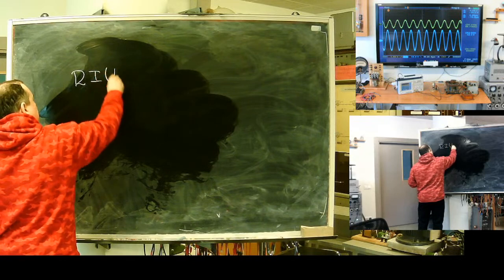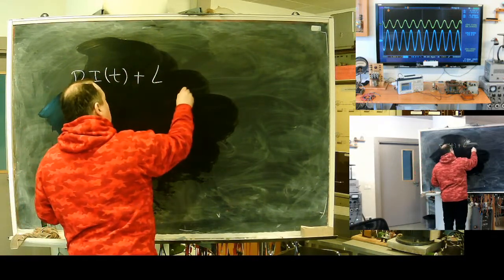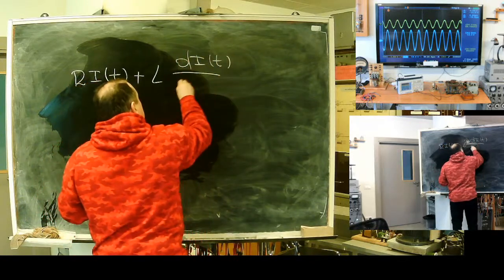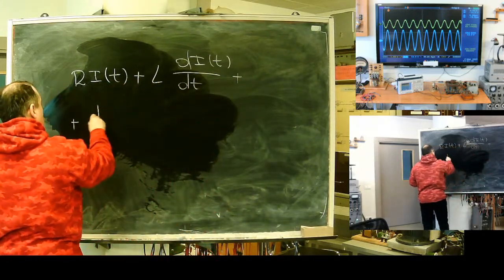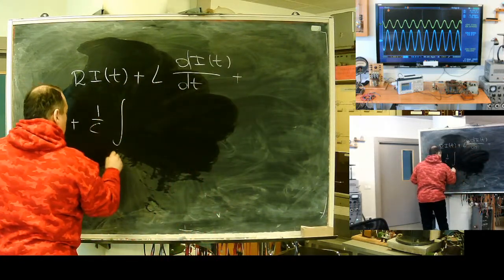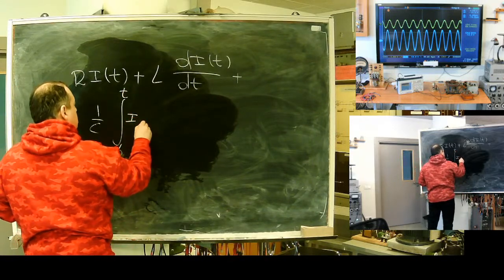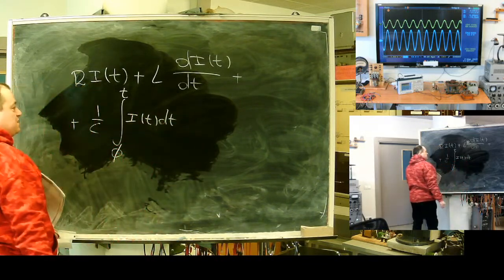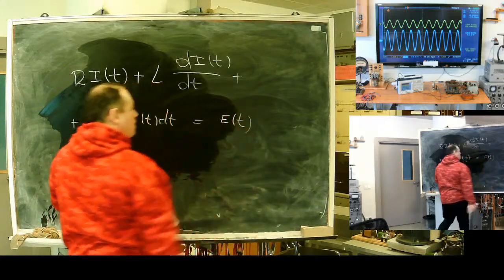Resistance multiplied by current plus inductance by current first derivative plus sum of all charges will make us capacitor's voltage equals, am I right?